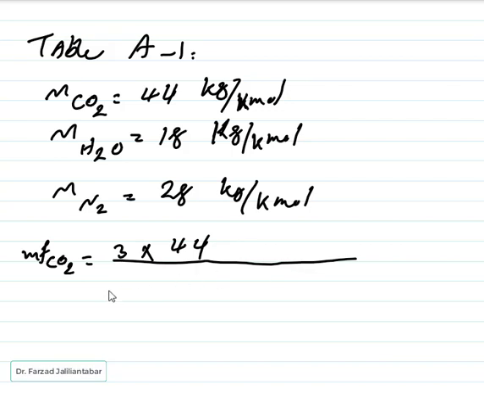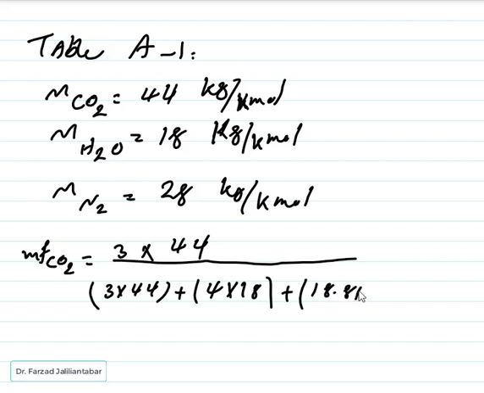Okay, then here again repeat that because it is also a product, plus for the H2O 4 times 18. For the nitrogen, 18.8 is the mole, and the molar mass is 28.